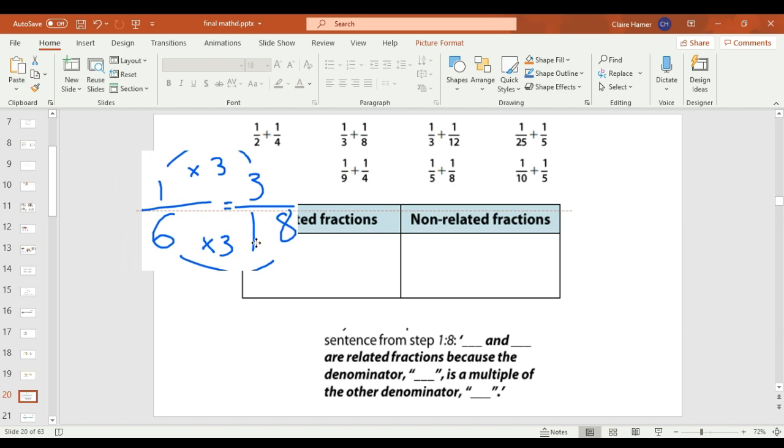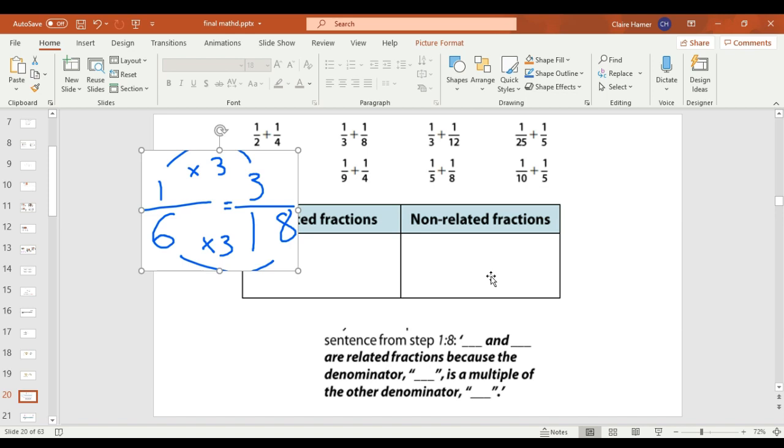Okay, if we look at 1/9 add 1/4, well, I can't multiply 4 by anything to get to 9, and I can't multiply 9 by anything to get 4. So 1/9 add 1/4 would go in the non-related fraction box, because I'd have to change both of those.